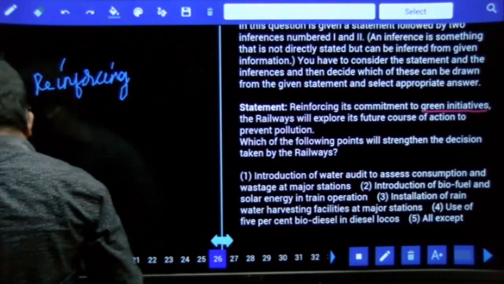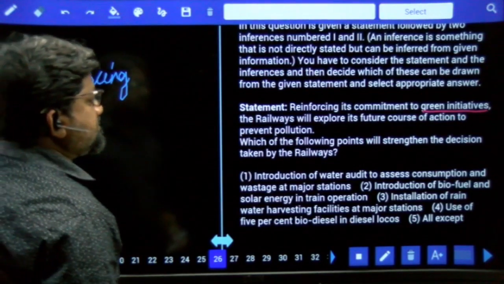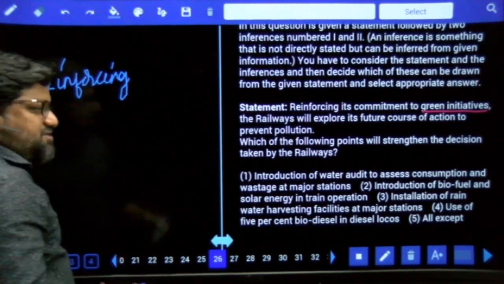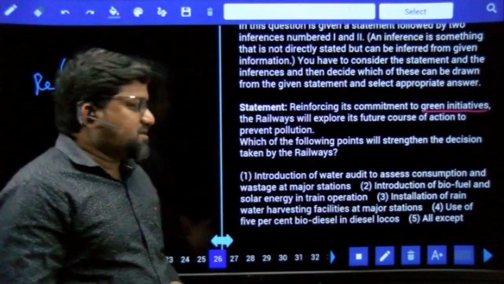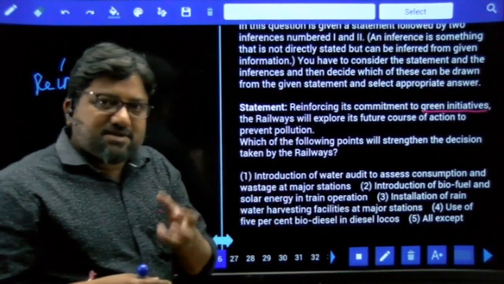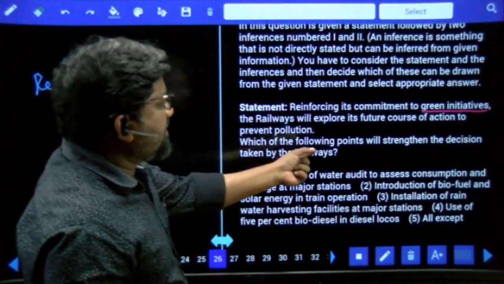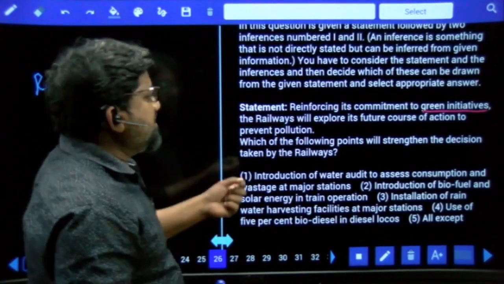What is the meaning of the word reinforcing? To make something stronger. So to make this commitment much stronger, the railways department will explore its future course of action to prevent pollution.